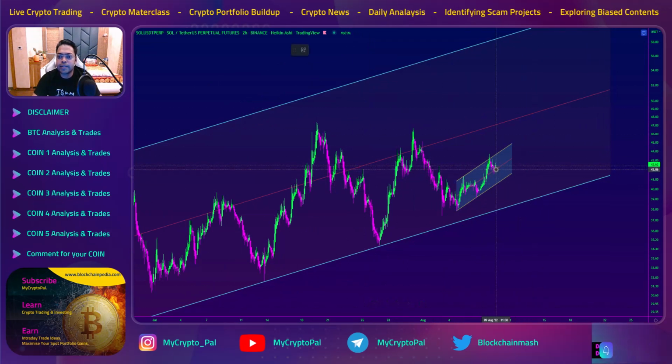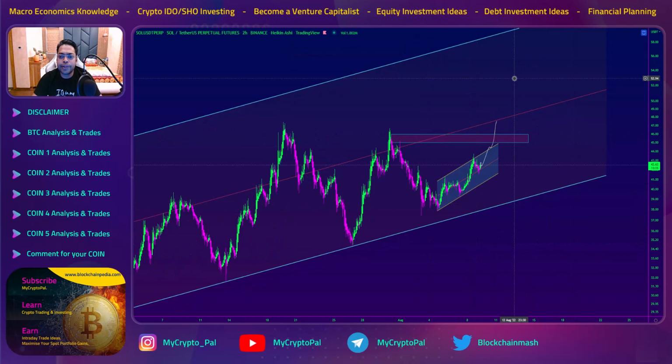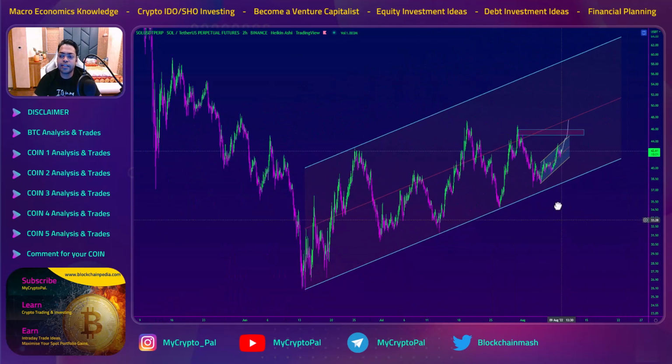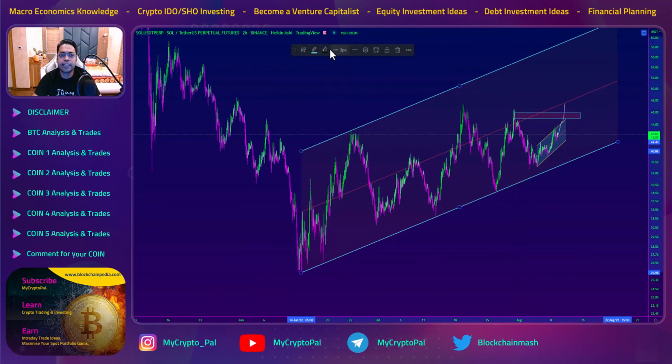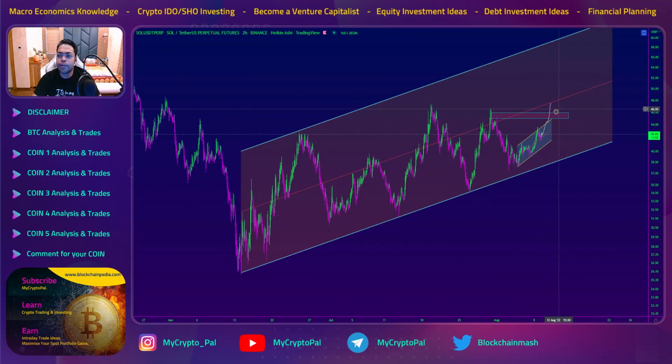Now what I expect is SOL to go up from here, break this parallel channel and go to the top over here, because there is a lot of liquidity again in this entire region, like I mentioned. I want SOL to at least reach the top of the middle of the main parallel channel, which is over here. This is the main channel we are focusing on, and I hope it goes and taps the top of the parallel channel.